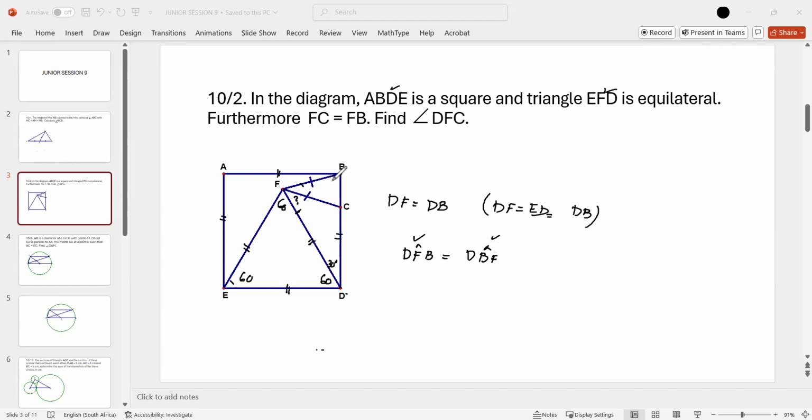Now, you got these two angles are the same, and they all add up, together with the 30 degrees, to 180 degrees. Okay.